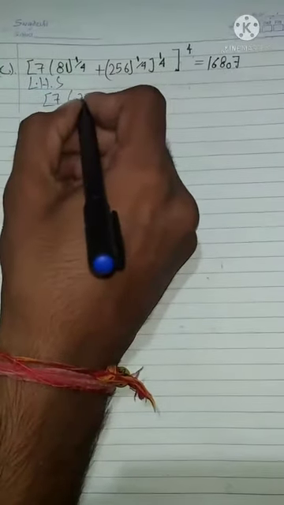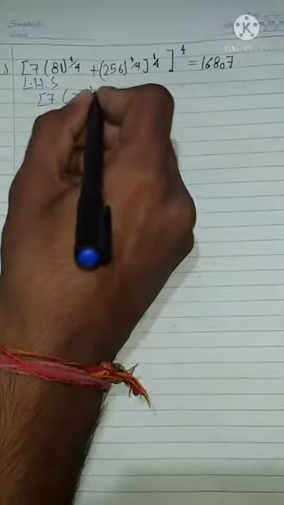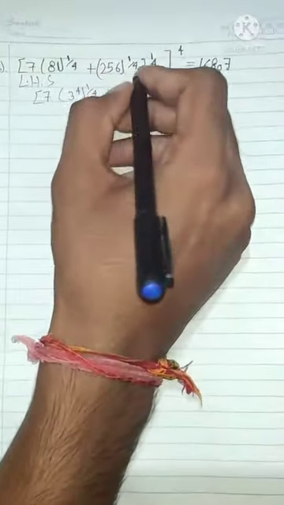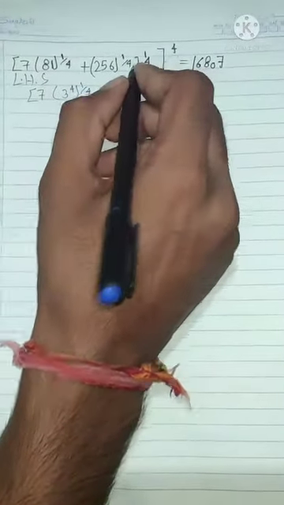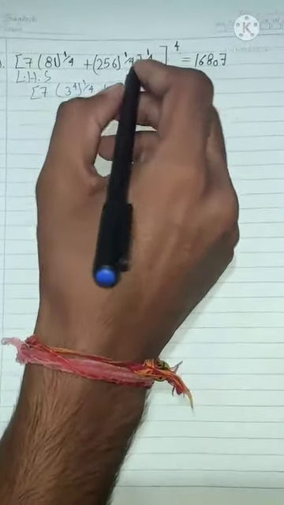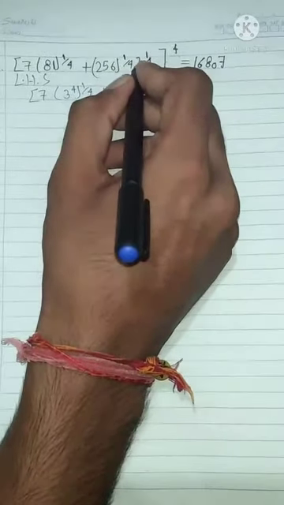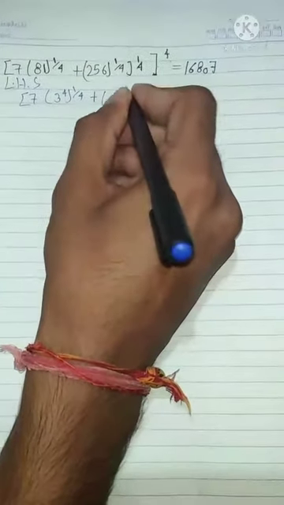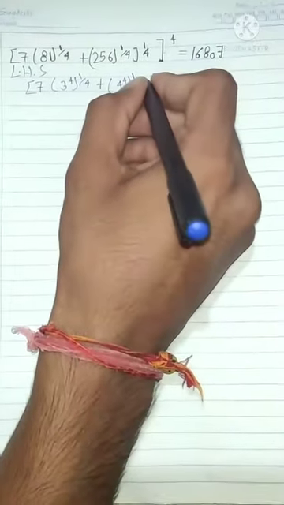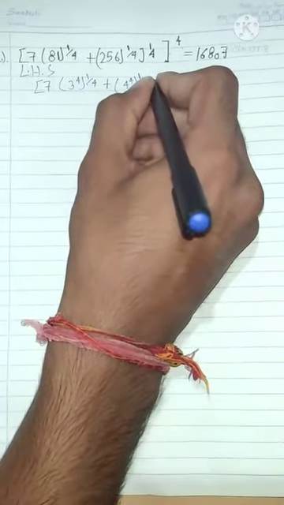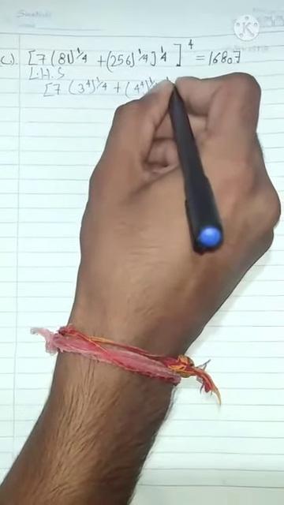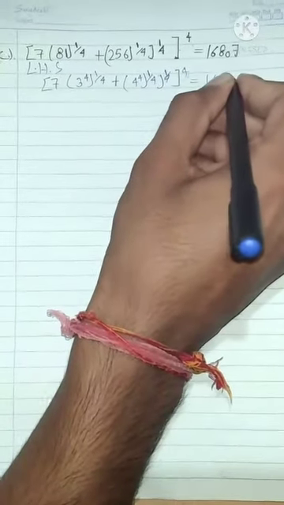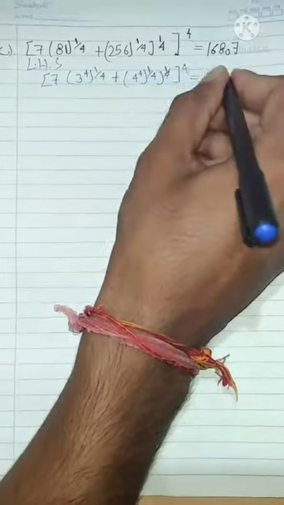You can write 3 to the power 4, whole to the power 1 by 4, plus what can you write 256 in place of, where the exponent is power 4, because this 1 by 4 cuts this 4, so you can write 4 to the power 4 whole to the power 1 by 4, total whole to the power 1 by 4, whole to the power 4, equals 16,807.